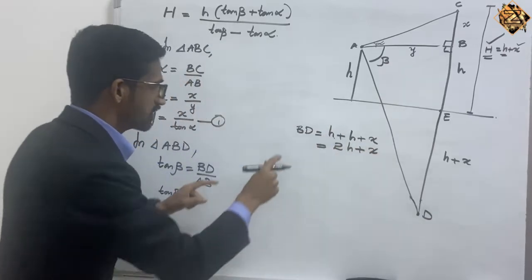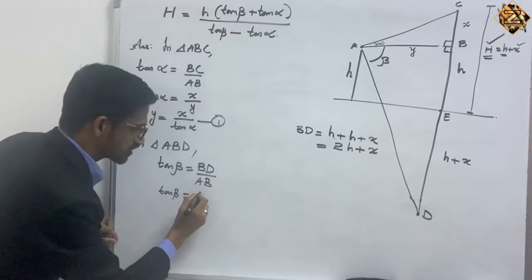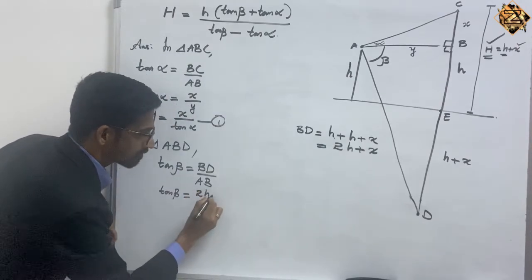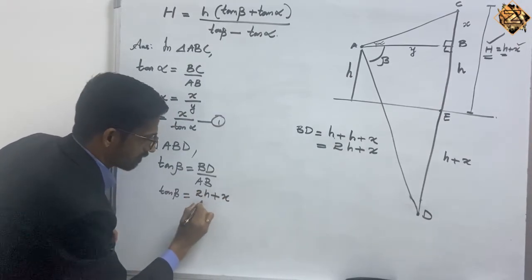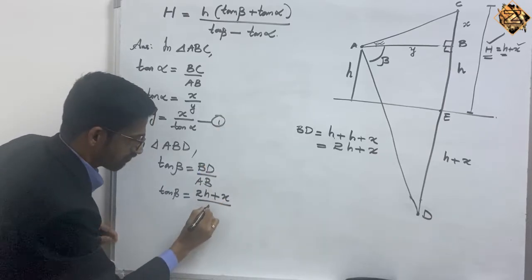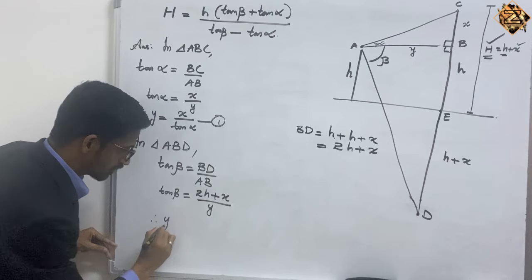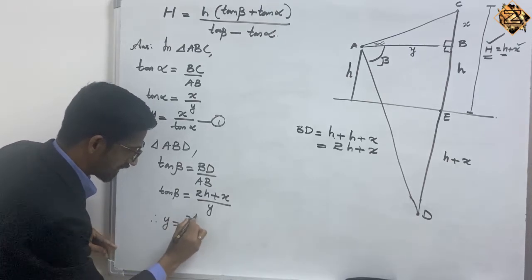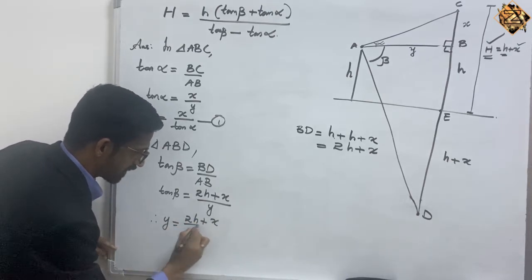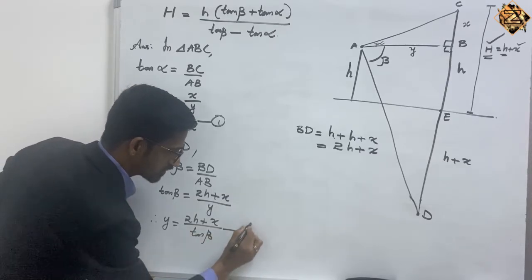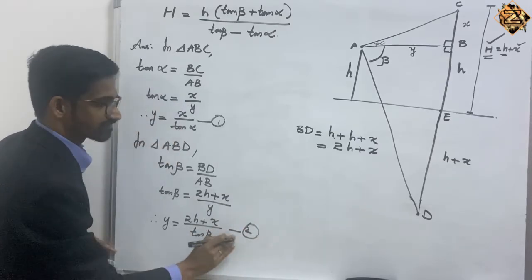So tan beta equals 2h plus x by AB, that is y. Therefore finally, y equals 2h plus x by tan beta. That is equation 2. Hope it is clear.